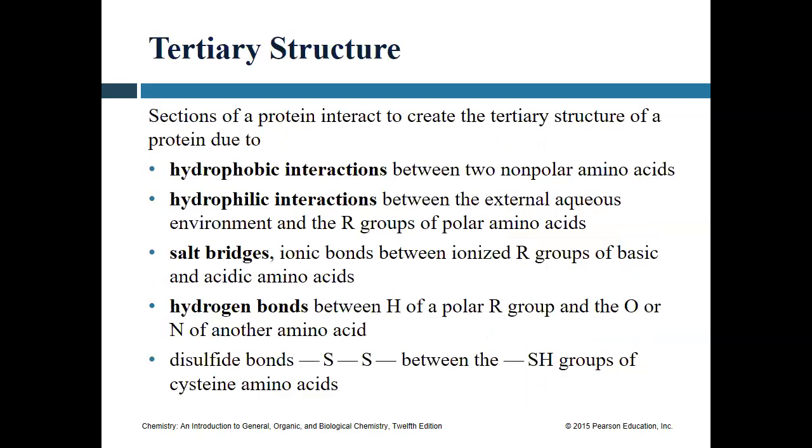Right. Now I'll back up. So again, we saw all of these in the diagram. Hydrophobic interactions, where we saw nonpolar amino acids interacting with each other. Hydrophilic interactions, where we saw polar regions interacting.